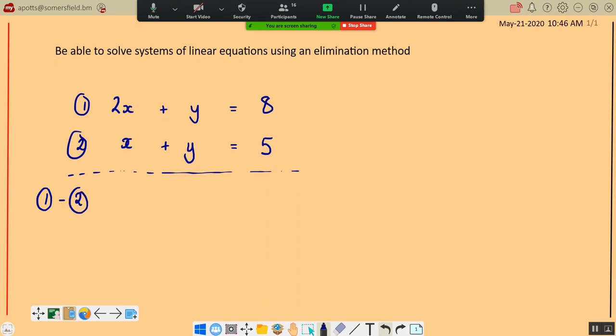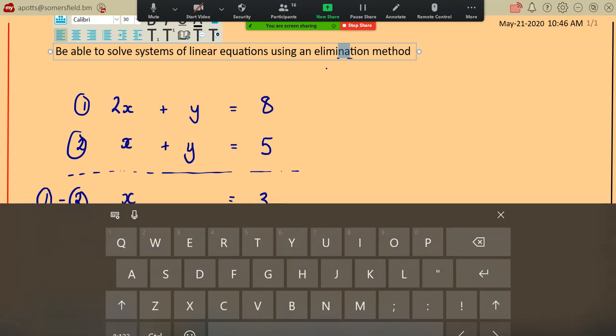So what I end up with is the 2x's subtract the x leaves me with an x, and 8 subtract 5 leaves me with 3. What does the y subtract y give me? 0. Okay.